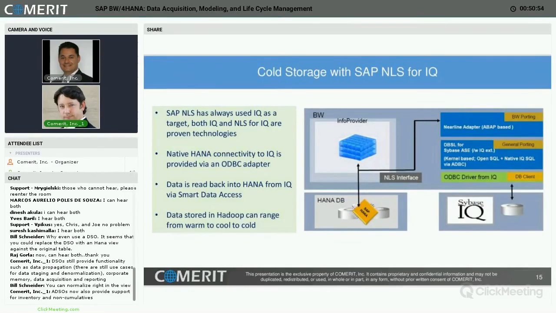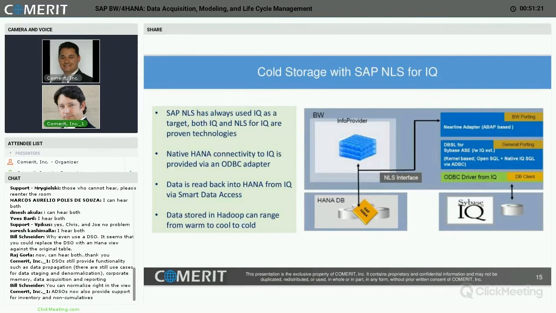When we talk about cold storage using NLS, you've got 2 options, as I mentioned. You've got IQ and you've got Hadoop, right? Now, IQ has always been a target for NLS, and both IQ and NLS for IQ are proven technologies. IQ's been around for a long time, and it is a columnar architecture, just like HANA is.